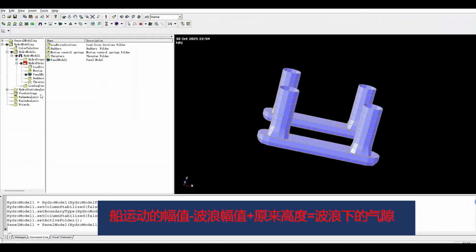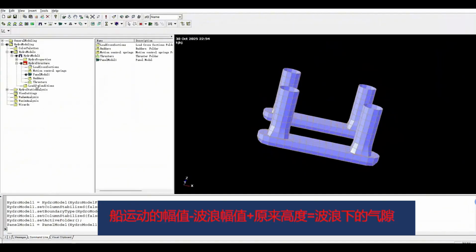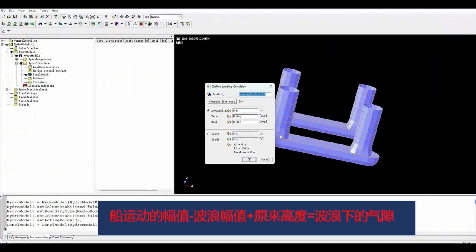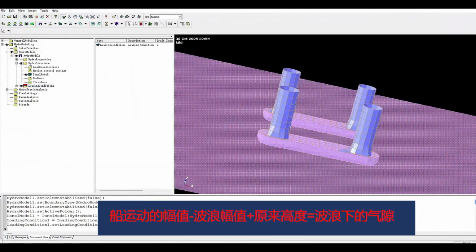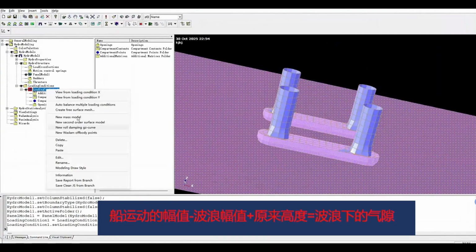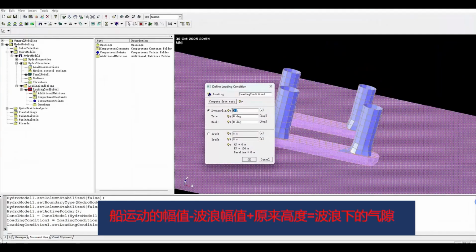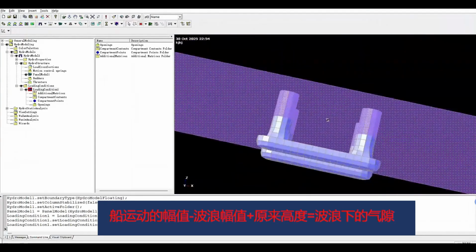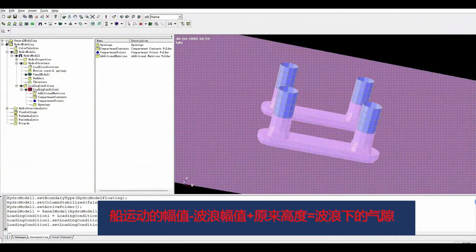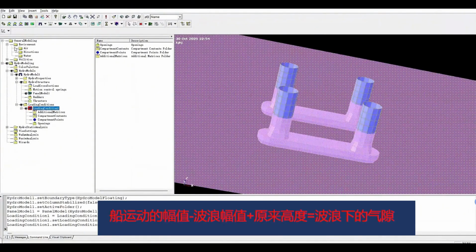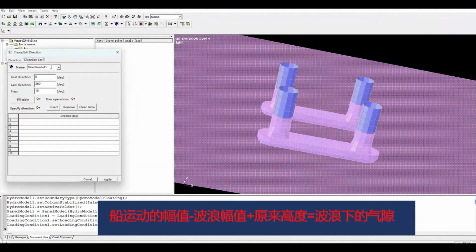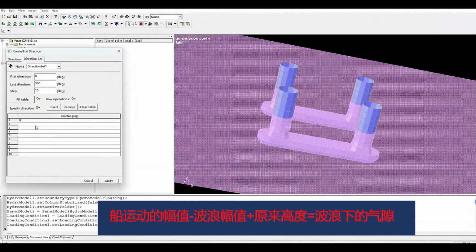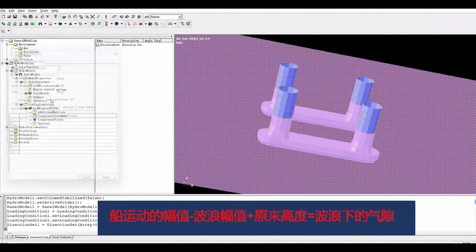Alright, after we've imported the T1 file, let's create a load condition. The semi-submersible platform model I'm using here is a built-in model. Let's set up the environment for these. To keep it simple, I'll just set a wave direction.